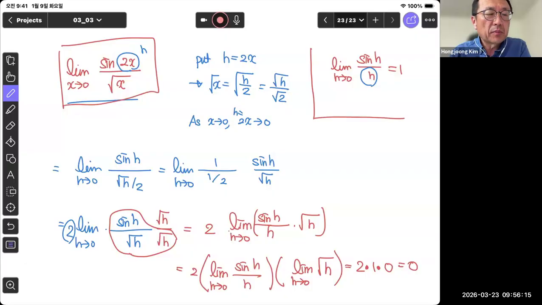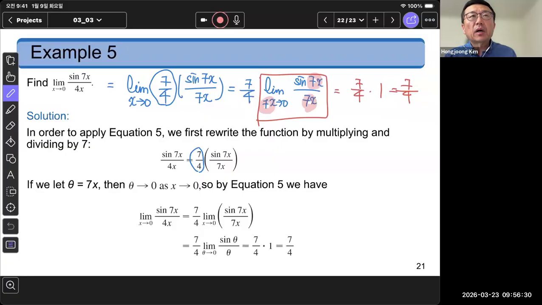Okay. So in this example, we have some expression that is similar to the previous example, but this square root of x in the denominator changes the result. In my previous example, when I have the limit of sine 7x over 4x, you need to have some common expression in the sine function and the denominator, and then that common term must decrease to 0.